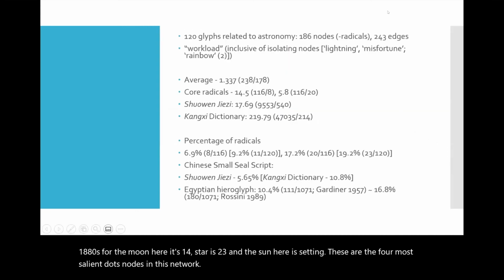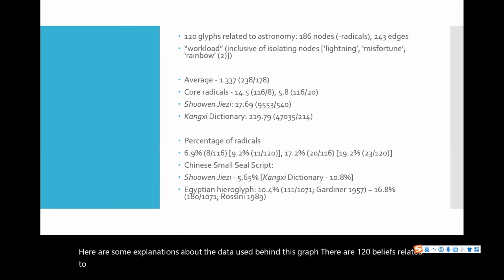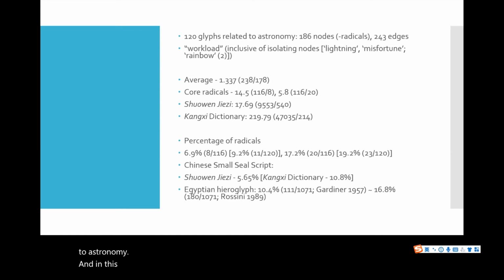Here are some explanations about the data used: 120 glyphs related to astronomy. In this graph, there are 186 nodes, inclusive of radicals from other clusters, and 243 edges. With this data, we can calculate the workload of the radicals.